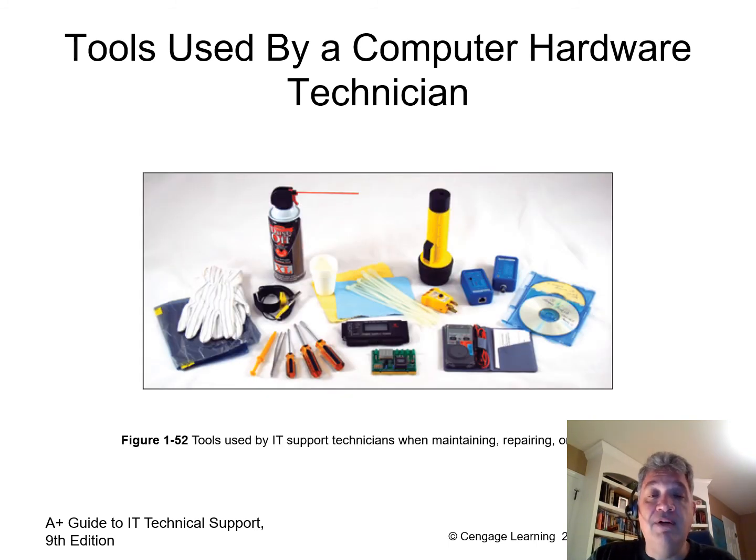Here's an example of one such toolkit. So the flashlight and the compressed air can on the left stand out. Some of the others here, perhaps not so obvious, like chip extractors, tweezers, non-metallic screwdrivers, gloves, anti-static pad, alcohol swabs, zip ties, right?